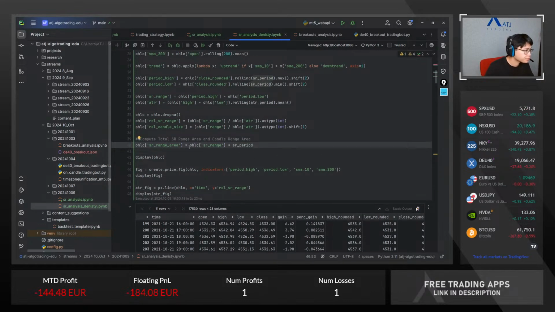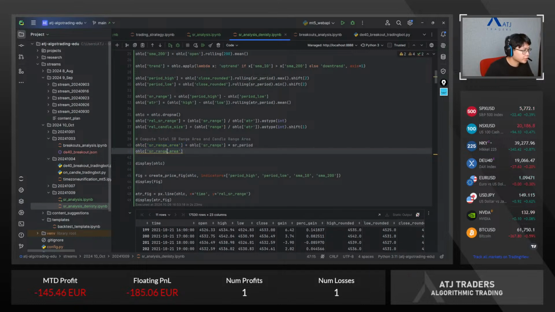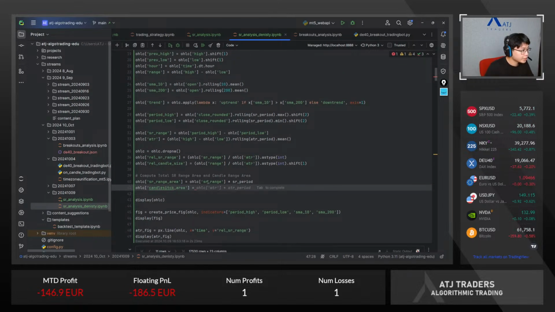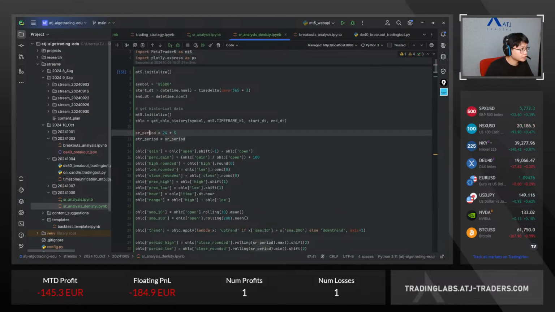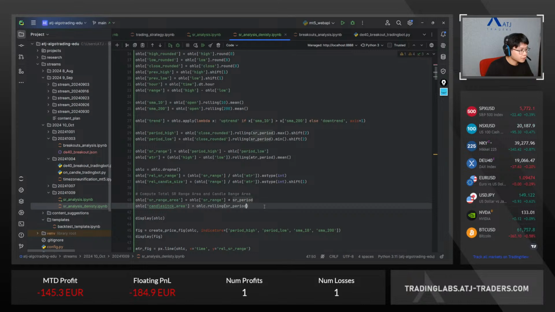And then candlestick area. The candlestick area is equal to, and we take the OHLC, we take the rolling, we take our SR period again, and then oh yeah, we have to take the range values and we have to sum them up. So we use the sum.